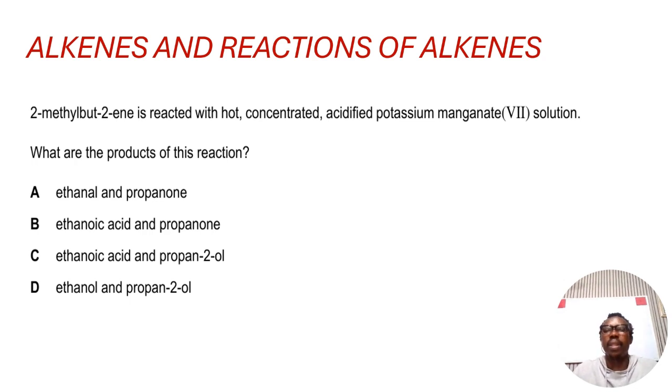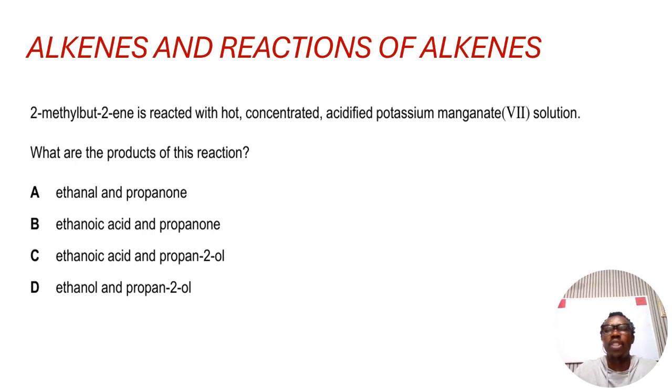So still on alkenes and reactions of the alkenes. Before us, a typical A-level chemistry question on alkenes and the reactions of alkenes. The major reactions of the alkenes have to do with electrophilic addition and oxidation reaction using acidified potassium manganate(VII) solution. So the question before us: 2-methylbutene is reacted with hot concentrated acidified potassium manganate(VII) solution.